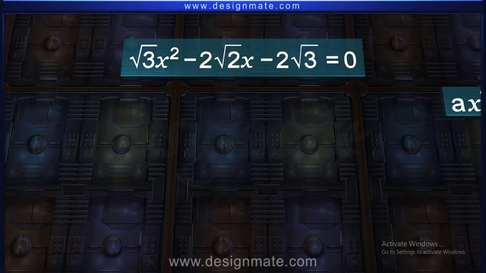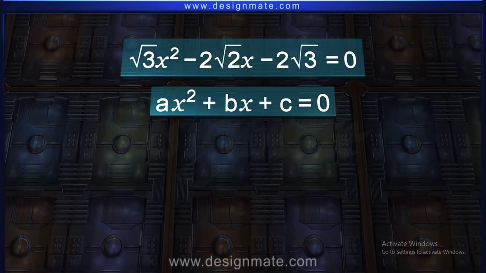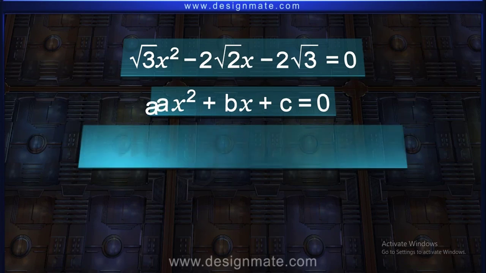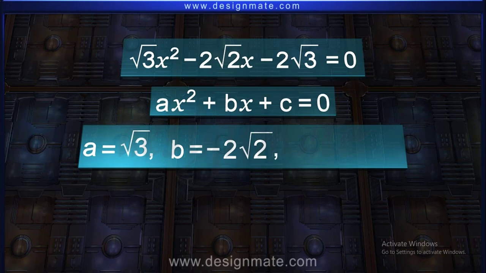Comparing the given equation with ax² + bx + c = 0, we get a = √3, b = −2√2, c = −2√3.